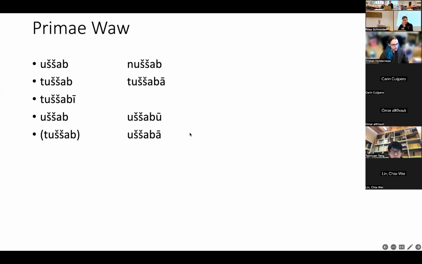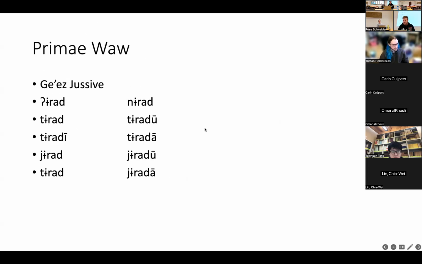So the prima waw we already discussed. What happens with the prima waw in Ge'ez? Does anyone want to guess? Because Ge'ez does not fail to surprise again, and it has nothing like the other languages, namely Akkadian and Modern South Arabian. So in Akkadian, there's this E ablaut, like in the D and Shin stems. In Ge'ez, we have this ablaut, but it's vice versa. So the Jussive has A, where it should have had E. So irad, tirad, mirad, and so on.